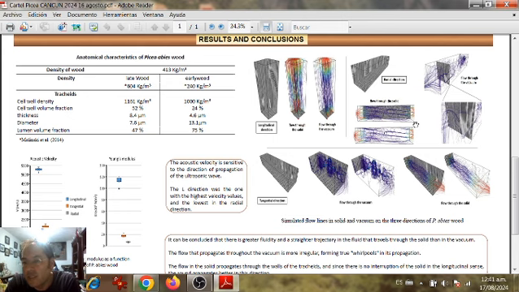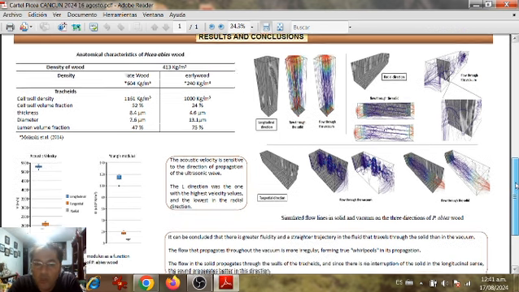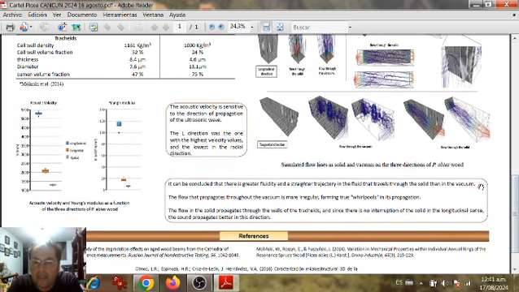We can also notice that the trajectory of fluids is higher when they are passing through the void spaces that are related to the porosity of the wood. So we conclude that the greater fluidity is in the voids and in the longitudinal direction.